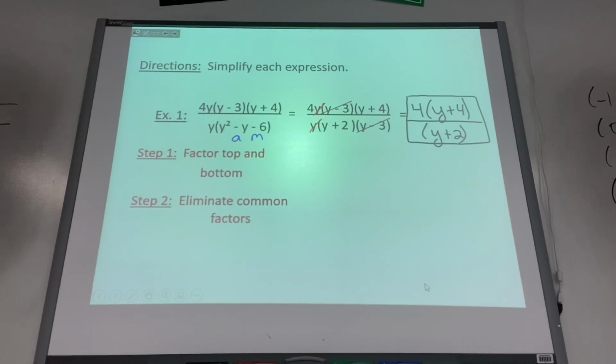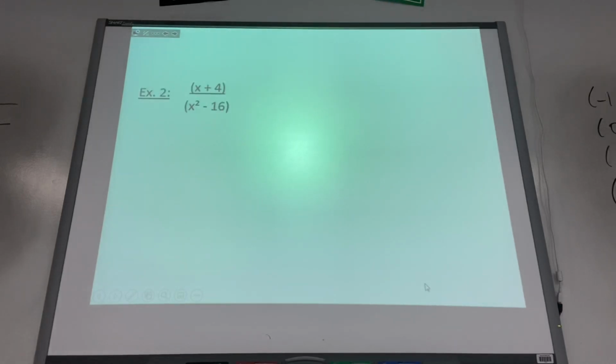Okay, so factor everywhere that you can. Eliminate the common factors. Let's keep trying a few more here to see how this goes. Number 2. Okie doke.